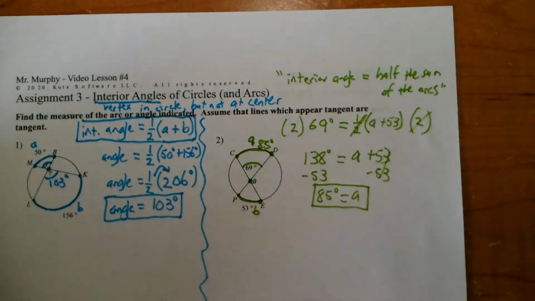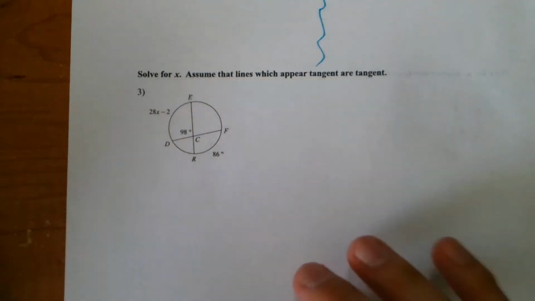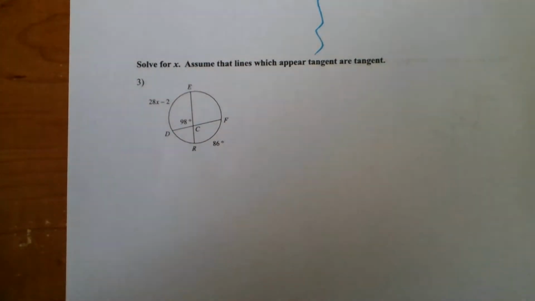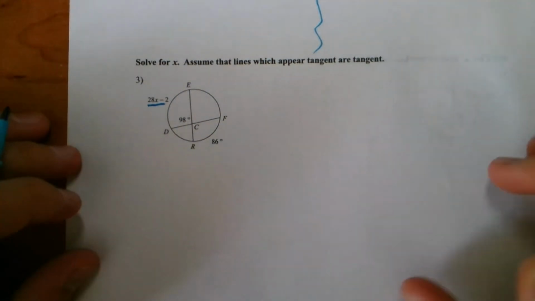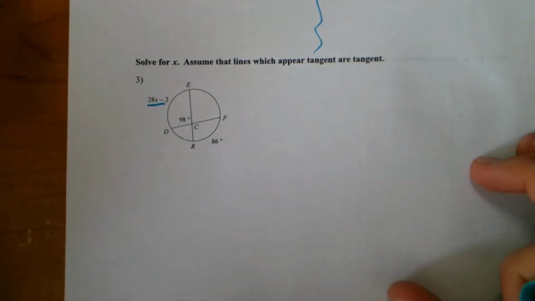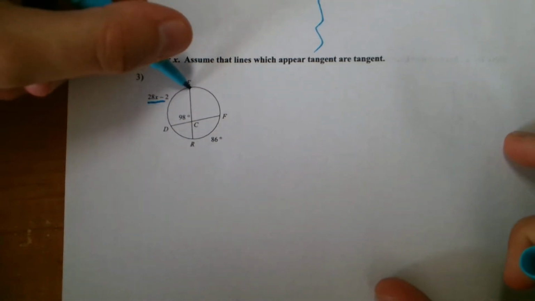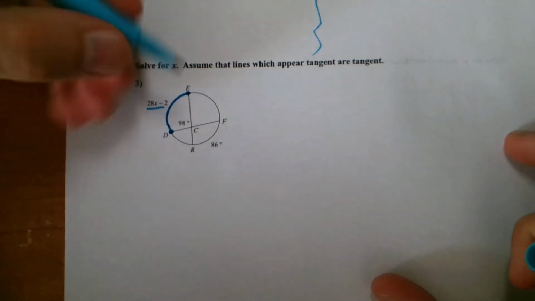Okay, cool. Now, I want to do one more with you, which brings some variables into the mix. So, if we want to solve for x, which we see over here, we can use the same interior angle property we've just been practicing. So, this 28x minus 2 represents the measure of arc ED.